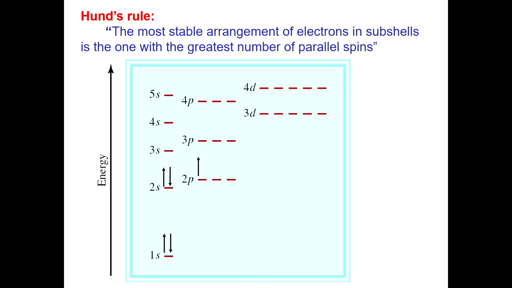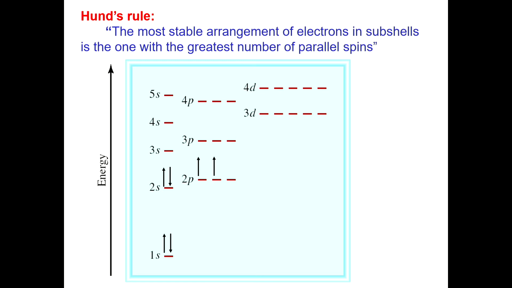Hund's rule means the most stable arrangement of electrons in subshells is the one with the greatest number of parallel spins. So what is the total number of spins?